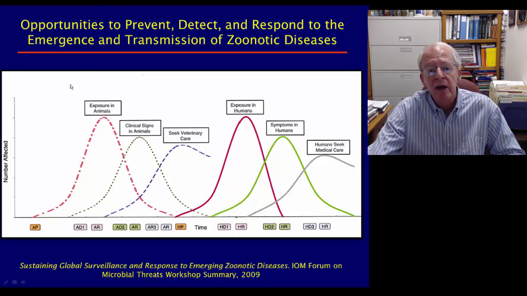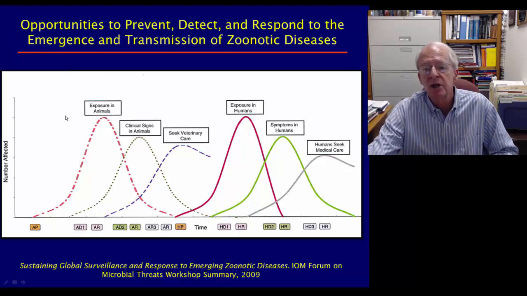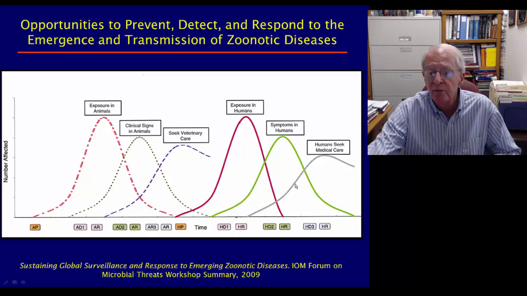This effort seeks to capitalize on opportunities to prevent, detect, and respond to the emergence and transmission of zoonotic diseases. Fairly typically in emerging disease outbreaks, the outbreaks are not recognized until humans seek medical care, depicted in this gray line here.